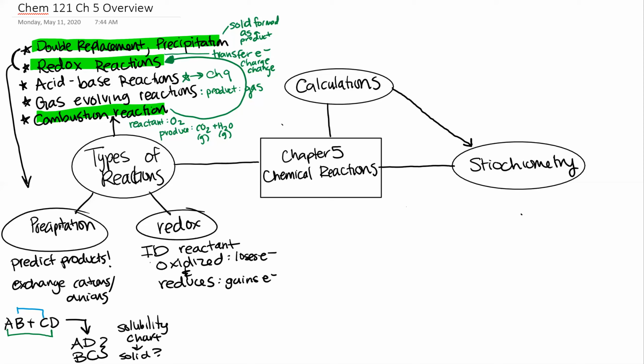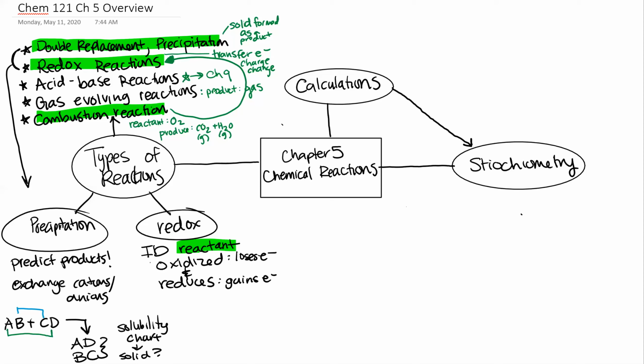And what you're doing is you're always comparing the reactant to the product for an element and asking, is it gaining electrons as it becomes a product, or is it losing electrons as it becomes a product? If it's losing electrons as it becomes a product, it's oxidized. But the reagent that's being oxidized is always that reactant, not one of the products. And so that's what I'd like you to take away from our types of reactions.